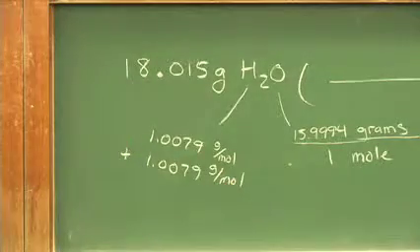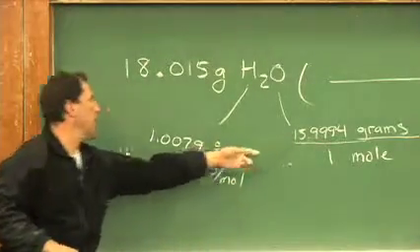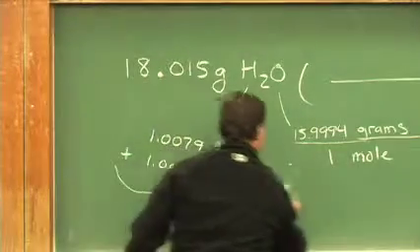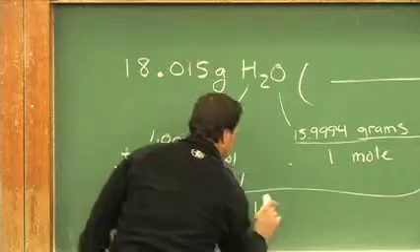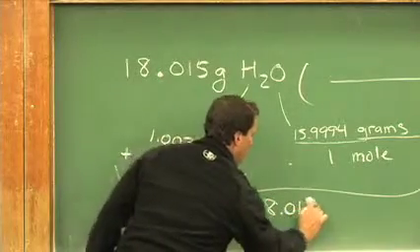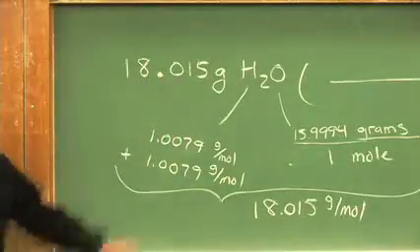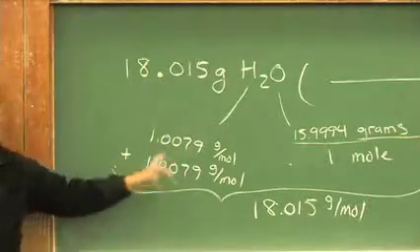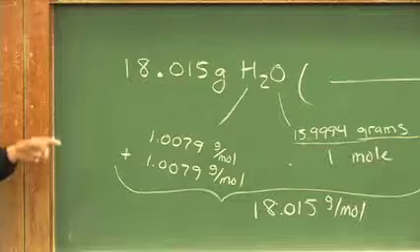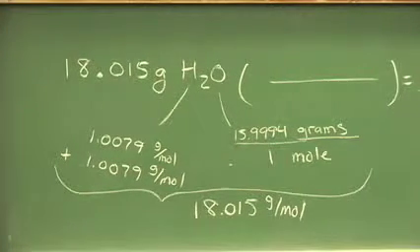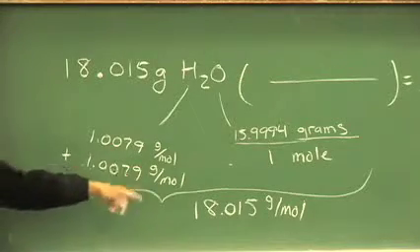When we add these up, 16, 1 and 1 with the change, we end up having a mass of 18.015 grams per mole for water. 16 and 1 make the 18 and the change. Well, now you can see why I selected a problem where the student weighed out 18.015 grams. That's our conversion factor. It has the units of grams per mole.